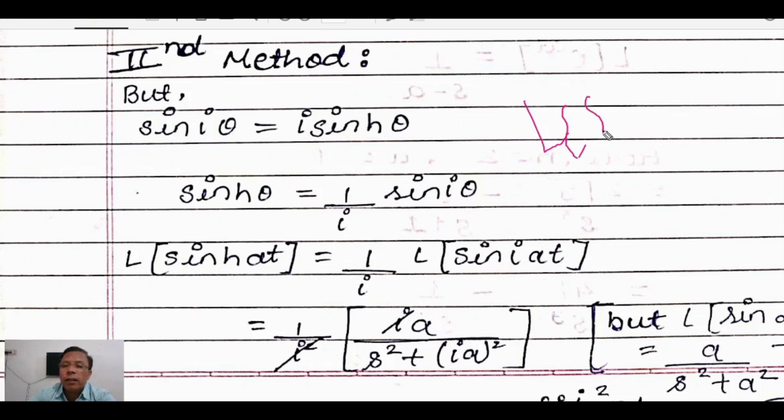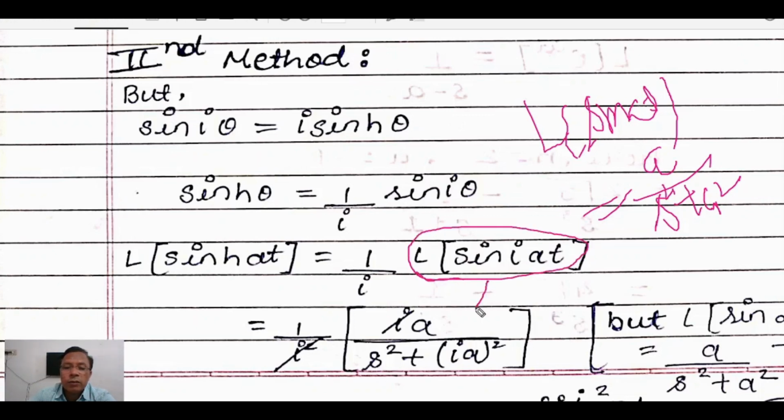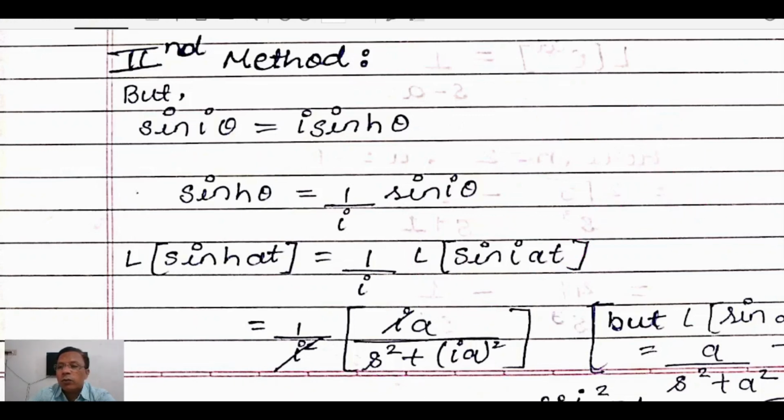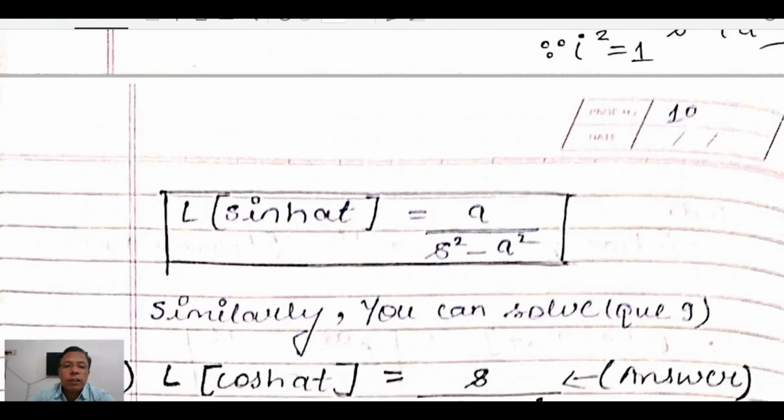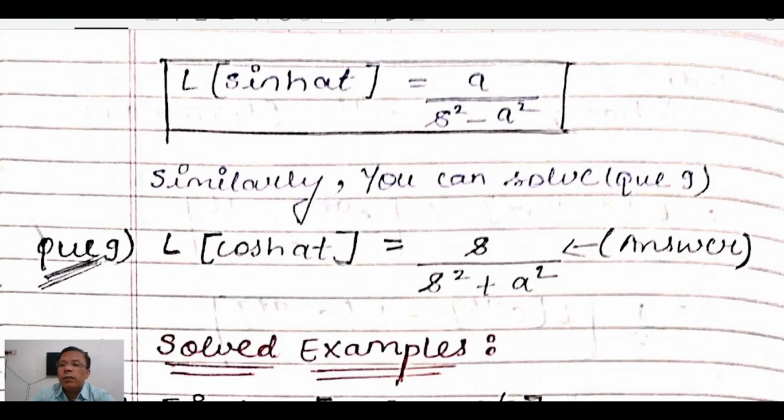We know that Laplace of sine a t equal to a upon s square plus a square. So by using this formula, sine i a t gives 1 upon i into i a upon s square plus (i a) square. So on simplifying we have Laplace of sine hyperbolic a t equal to a upon s square minus a square.